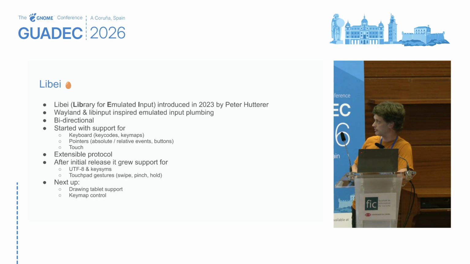And right now, the work in progress that has merge requests open is even drawing tablet support, as in pens and all that stuff, and then keymap control. So this has also ended up being the same protocol and API used for input capture, which has a GUADEC talk from some years ago by Peter himself that you can go and look online.